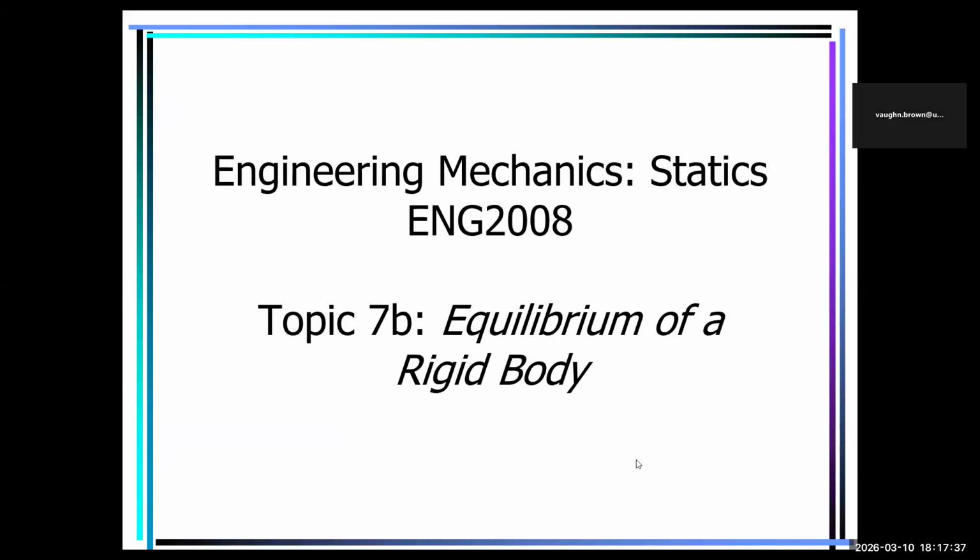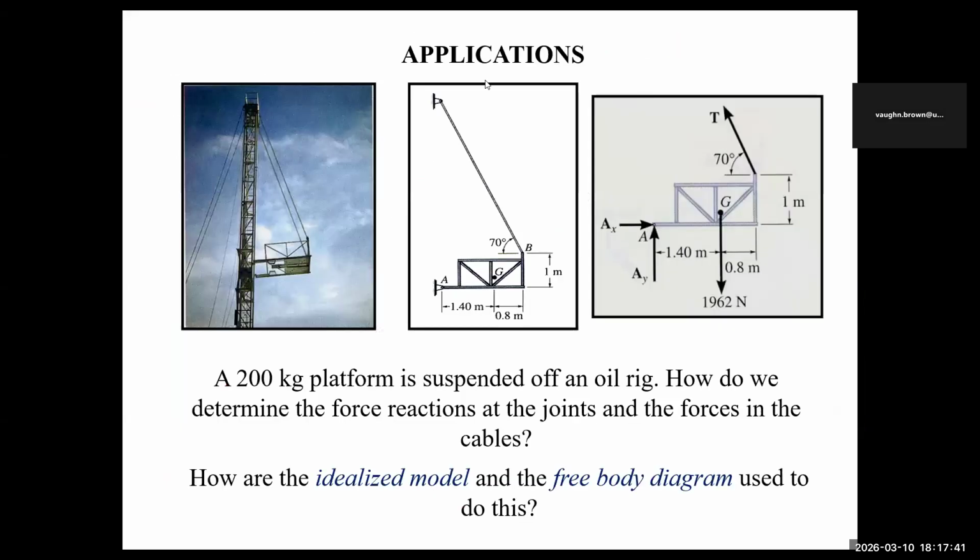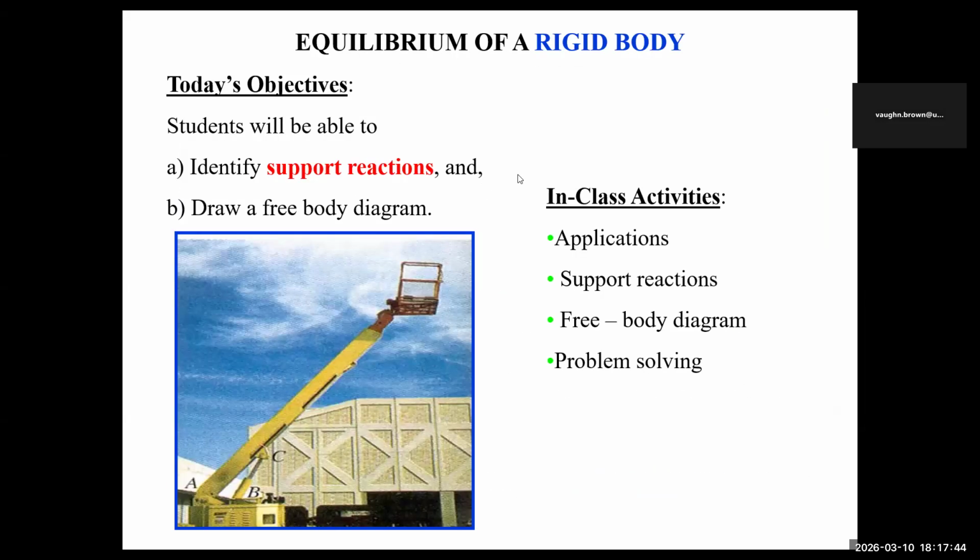Right? So typical, as we say, look, we're gonna be looking at reactions, right? And draw a free body diagram. So here you can see what looks more like a lift, right? Those lifts that you use on buildings to clean windows and so forth.